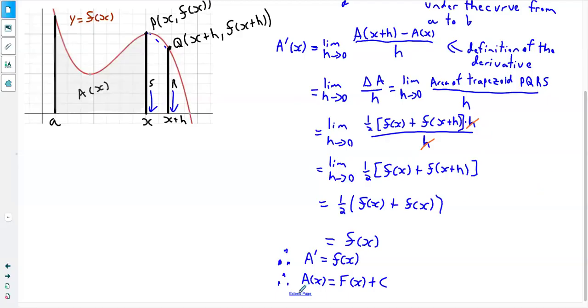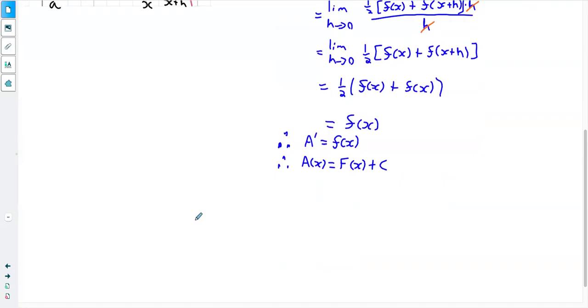Now we can take this a bit further. We can say that when x equals a, we have area of a equals F of a plus c. Now, we earlier said that area of a was 0.